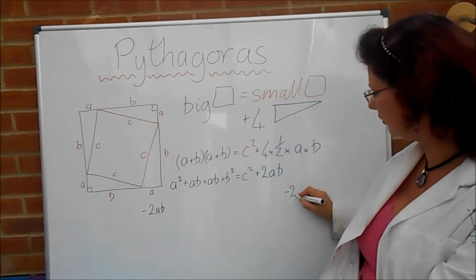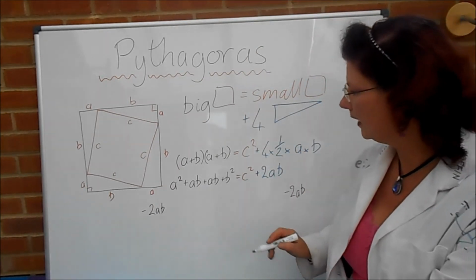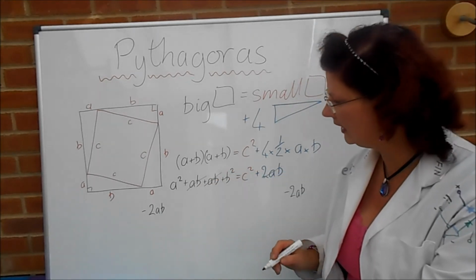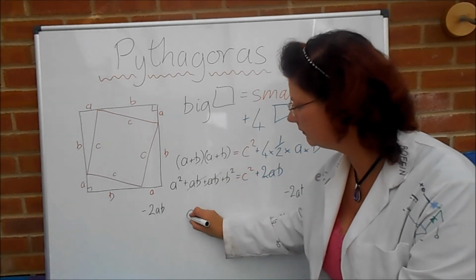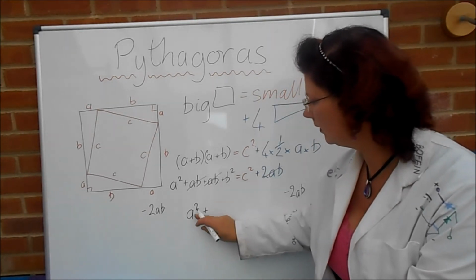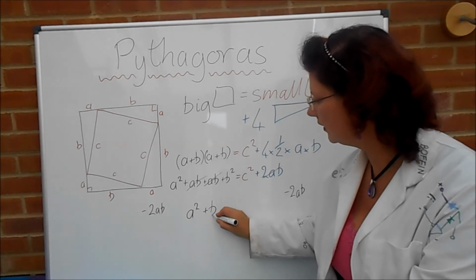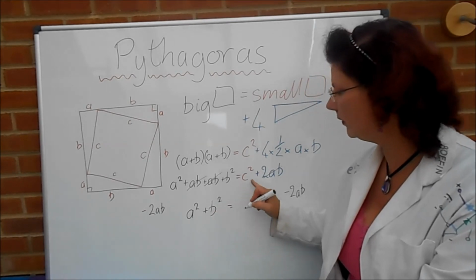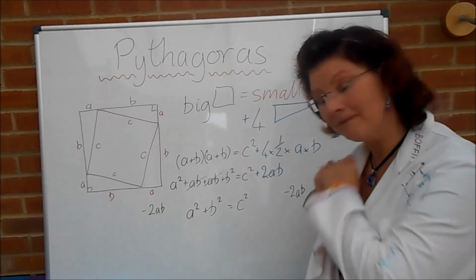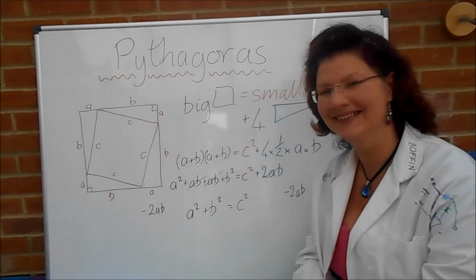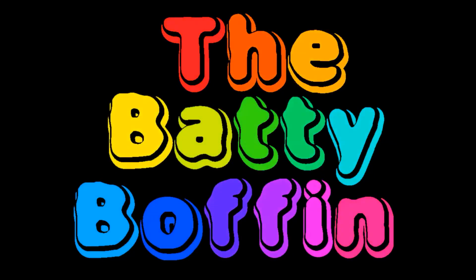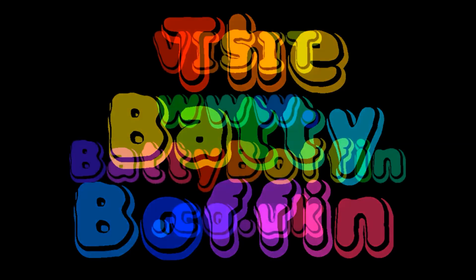We're going to subtract 2AB from that side, which means that that and that all disappear, which leaves us with, on the left hand side, A squared plus B squared equals, on the right hand side, C squared. Ta-da!